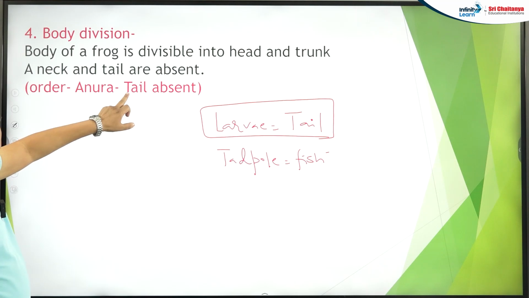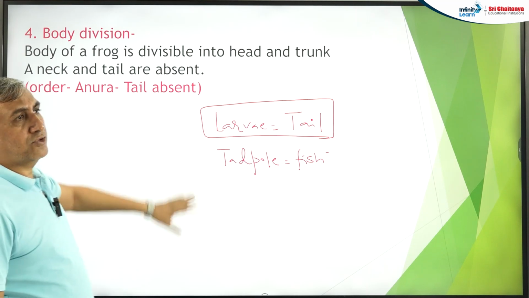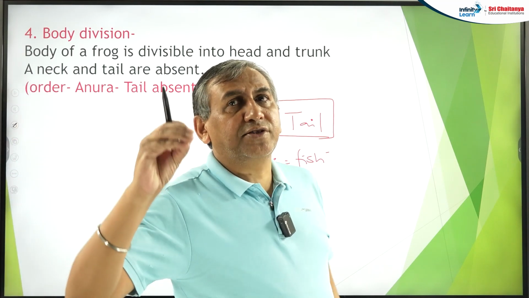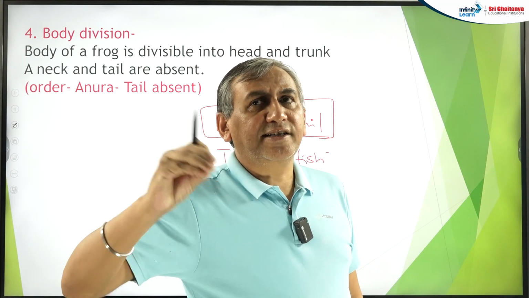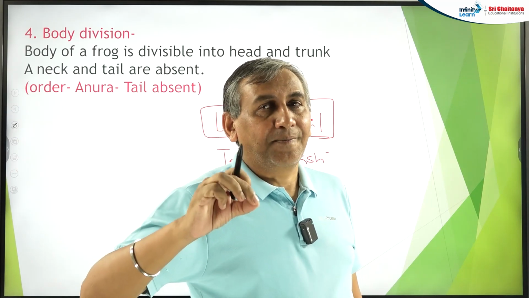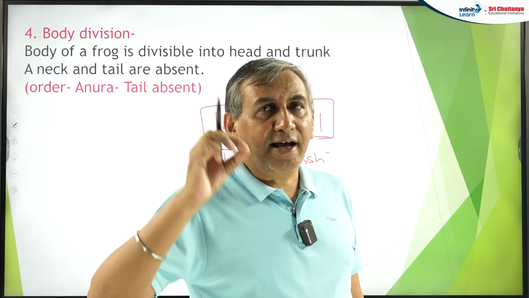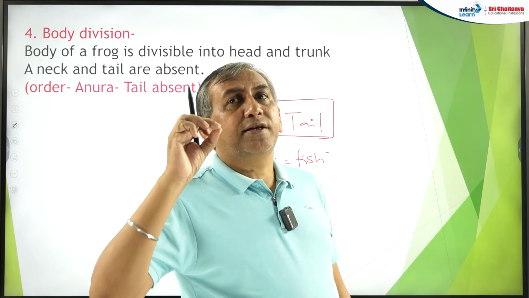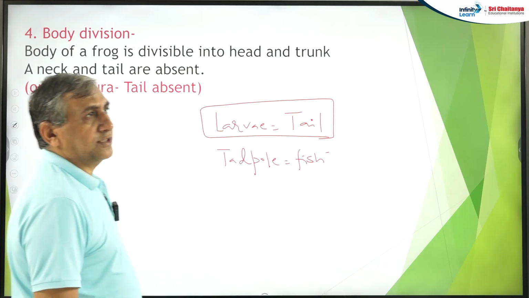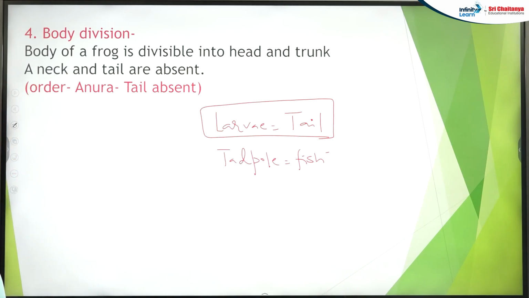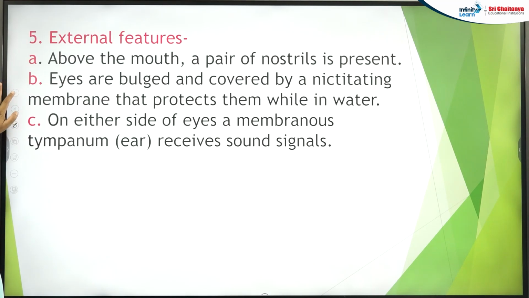But in the adult frog, the tail is absent. This is one wonderful question they can ask: in the life history of frog, is the tail present or absent? Present. The tail is absent in the adult frog, but there is a larva stage, the tadpole, in which the tail is present.